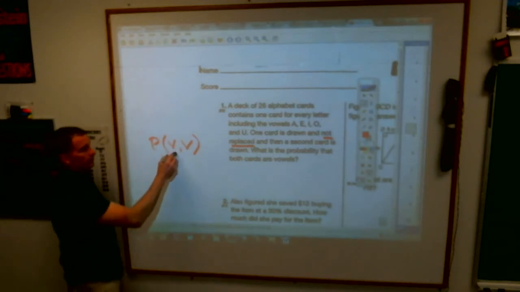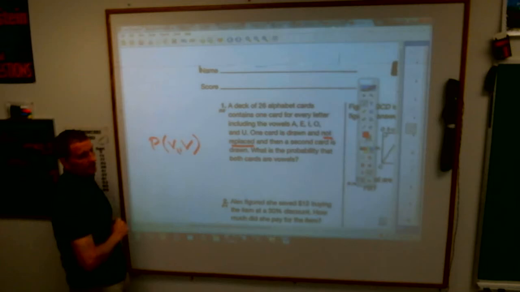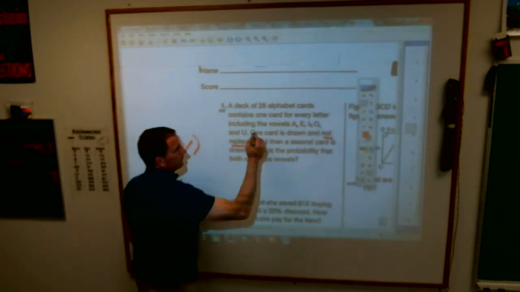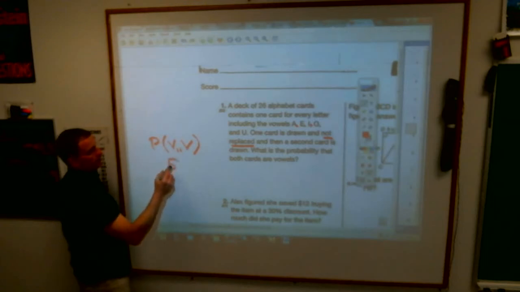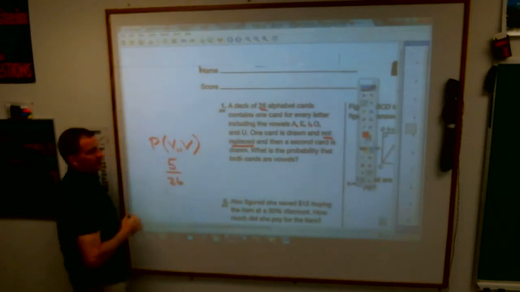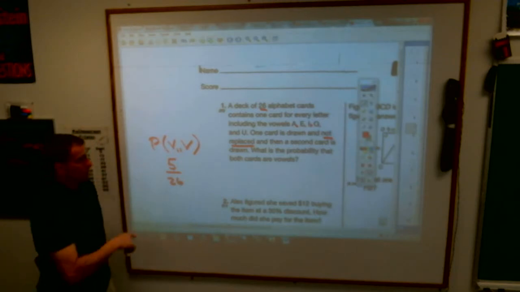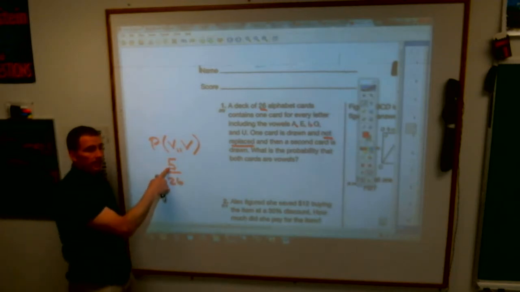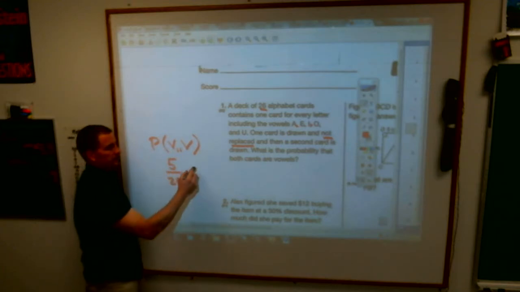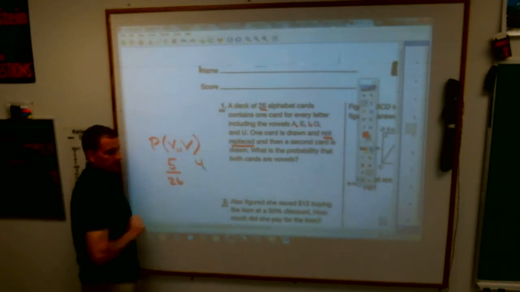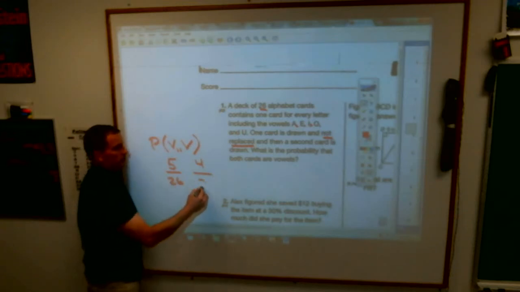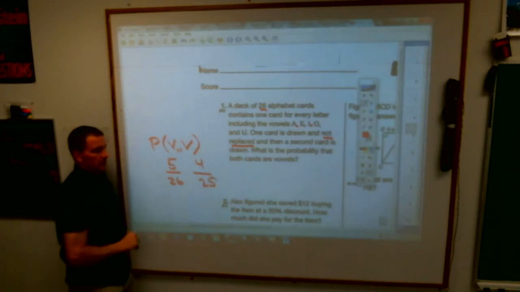So the probability of the first one happening, how many vowels are there? 1, 2, 3, 4, 5. How many letters in that alphabet? 26. But that changes for the second one because you took a vowel out and you took a card out. So there are no longer 5 vowels in there, there's only 4 vowels. And there's no longer 26 cards because you pulled one out, there's only 25 cards.